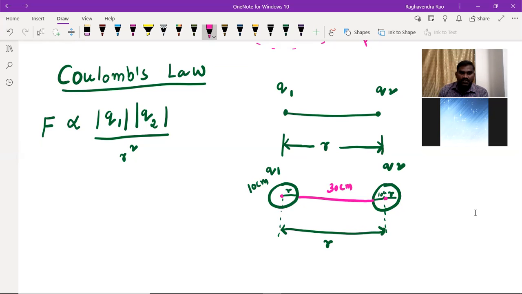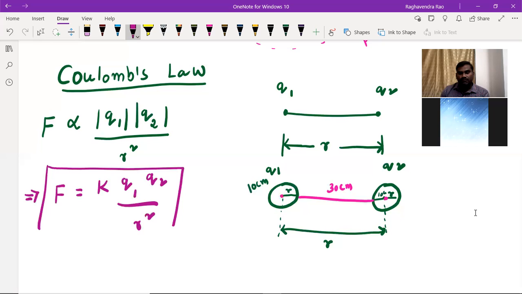Right. So this is the statement of Coulomb's law. From this, by removing the proportionality, we can write a constant k times modulus of Q1, modulus of Q2, by r square. This is the expression for the force of attraction or repulsion between the two charges.